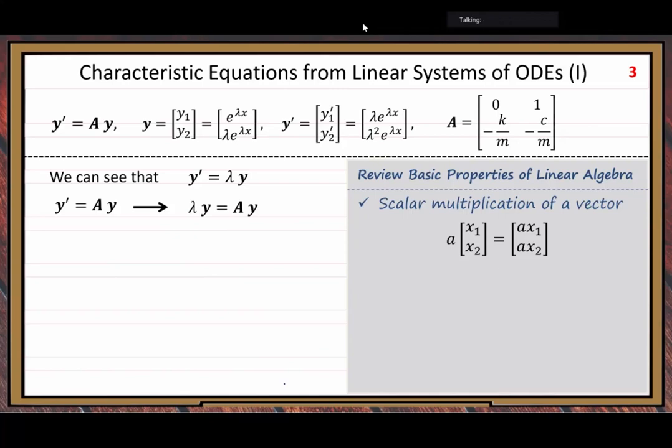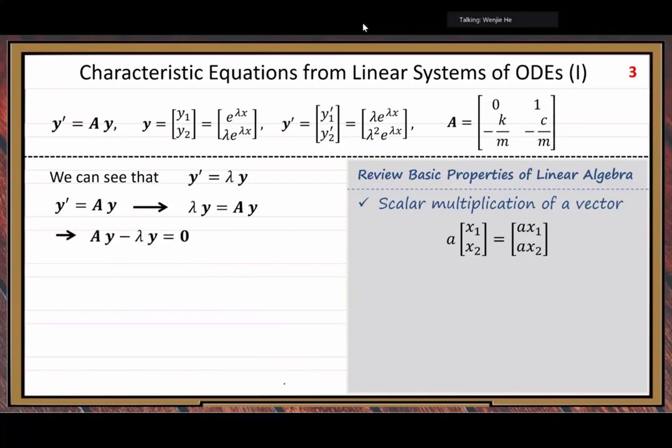That means we do not have an ODE. In this new equation, we only have an algebraic linear system. So it's not a differential linear system. And we're familiar with how to work on an algebraic linear system. So here we apply the basic knowledge of linear algebra to solve this algebraic linear system. Very easy.